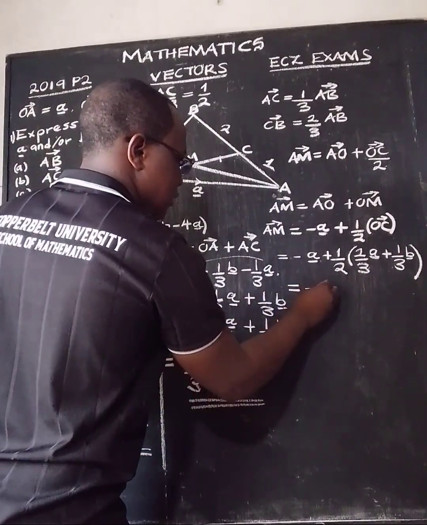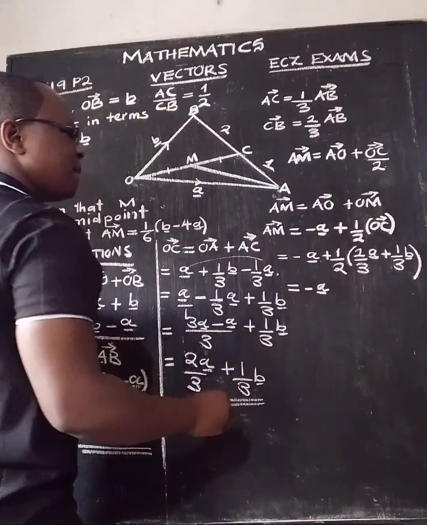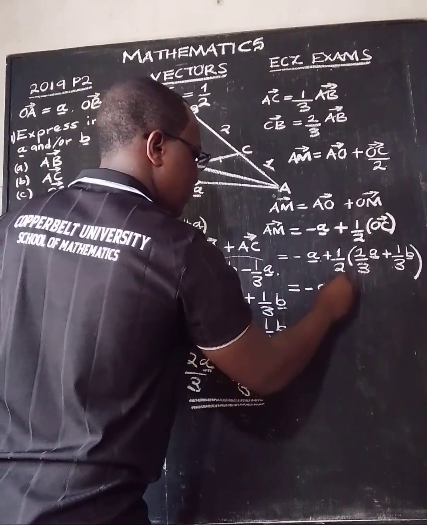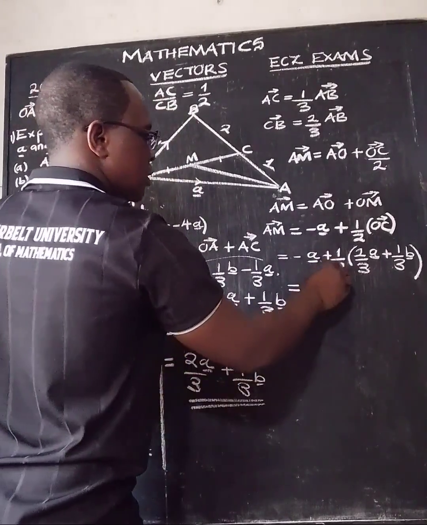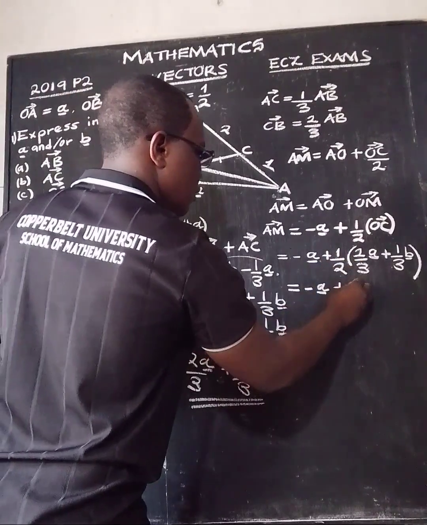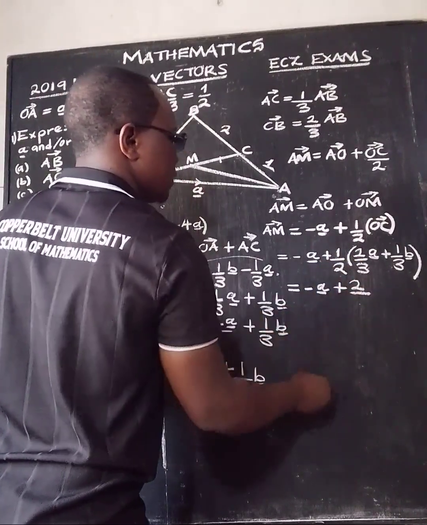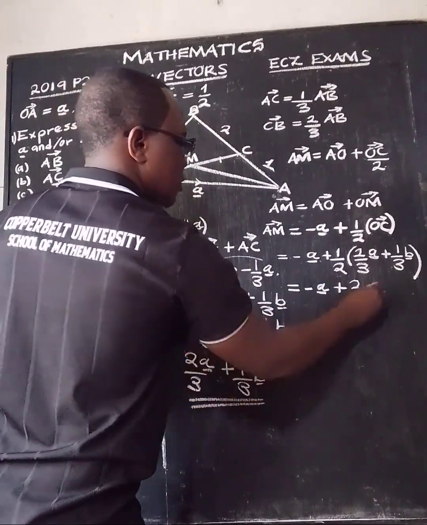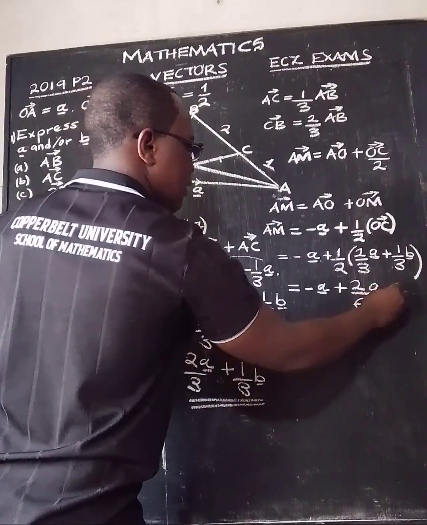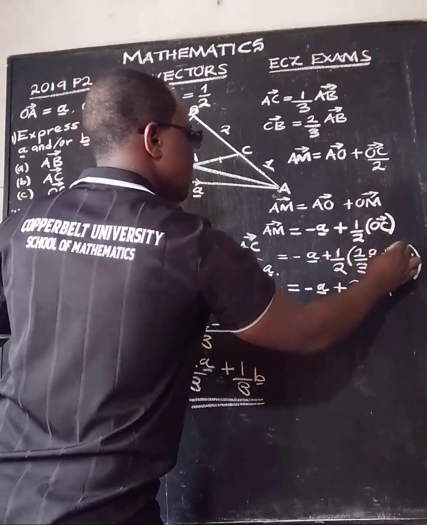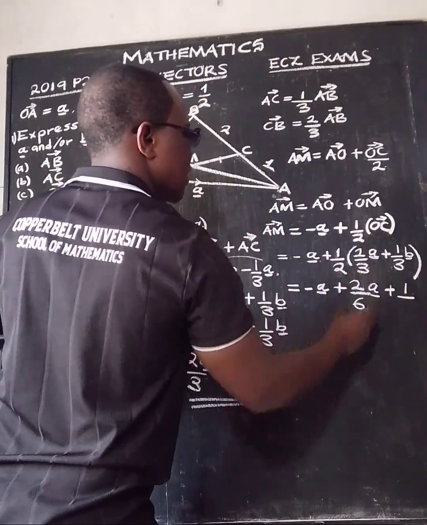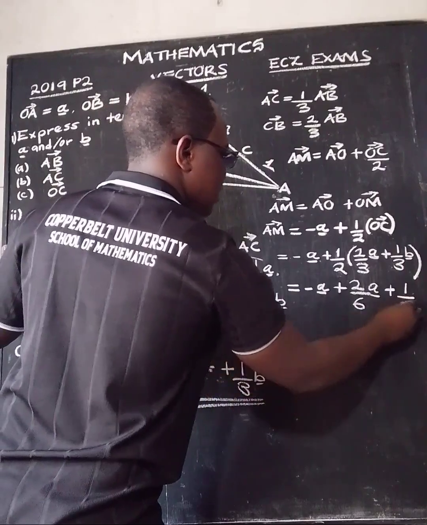We maintain negative vector A. Now we multiply what is outside by what is inside: 1 times 2 gets 2 over 2 times 3 gets 6, so you have vector A here, plus 1 times 1 gets 1 over 2 times 3 gets 6 vector B.